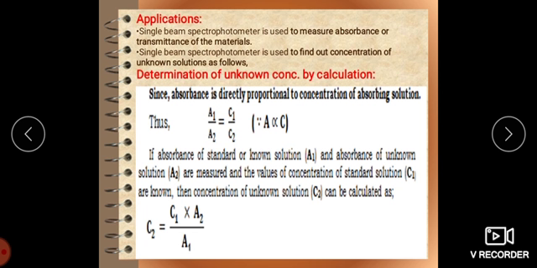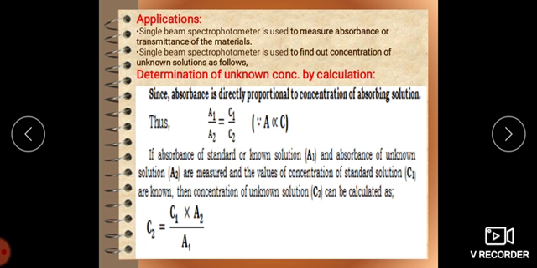This is the working of the single beam spectrophotometer, which is used to measure the absorbance or transmittance of materials or solutions. The single beam spectrophotometer is used to find the concentration of unknown solutions.